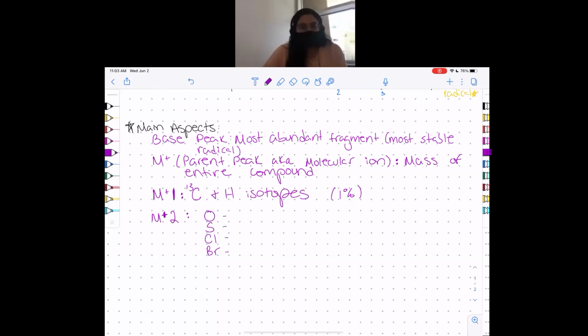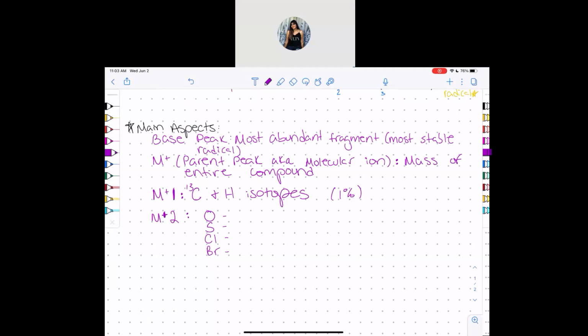Can I ask you something really quick about that? Yes, please do. When you have the M plus two peak, does that include the carbon part, like the M plus one peak? Would that have the weight of these other guys? The parent peak is the entire mass of it.